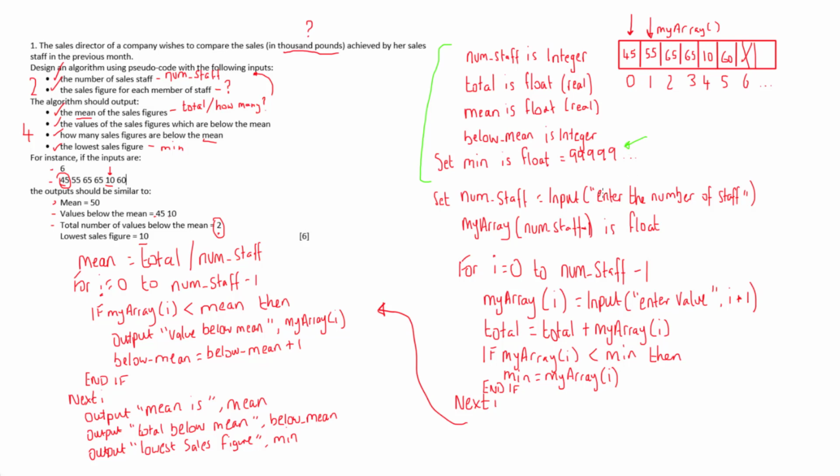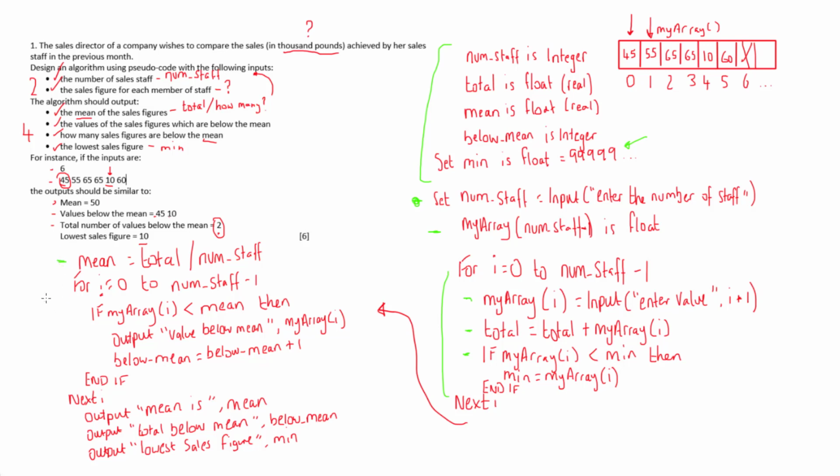So this one's been initialized. I've gone for an array. So here's my array declaration down here. Once I've worked out the number of staff, I loop through my array here and add up all the input them firstly, add up the totals and work out which one is the lowest value.